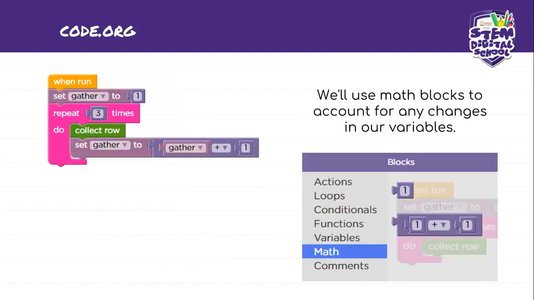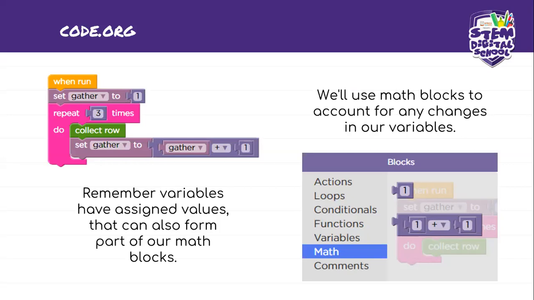Okay, and as you can see, here we go. I think this is our last slide. So don't worry about what we have here. Remember, now we've set the value, gather 1. So in here, we have set gather to gather plus 1. So all that is telling us over there, that is, remember, variables have assigned values. And the value here will be 1.